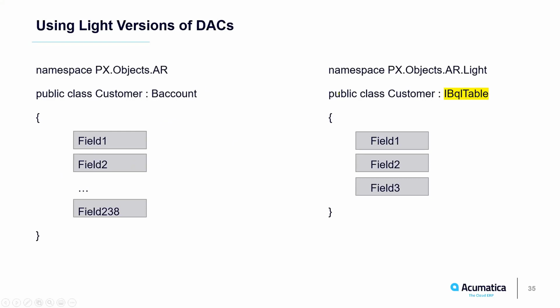We can introduce another Customer class, another data access class. We can put it in a different namespace, for instance, PX.Objects.AR.Lite. We can remove the BAccount from here. We can remove the fields that we don't need, and we can leave only three fields. We can remove the attributes that we don't like, and we can work with that type of data access class.